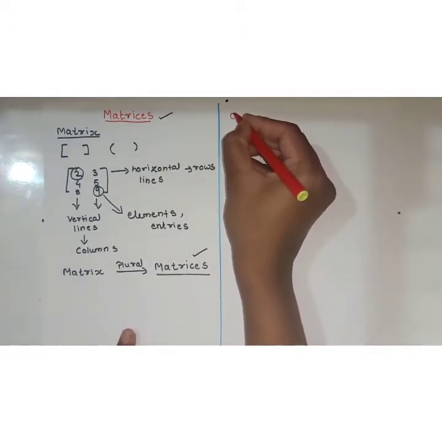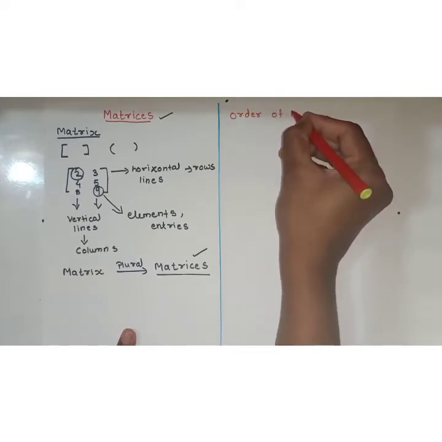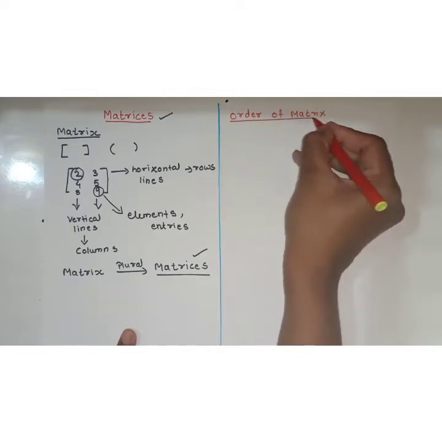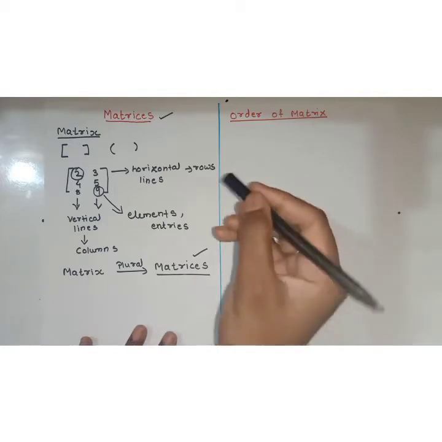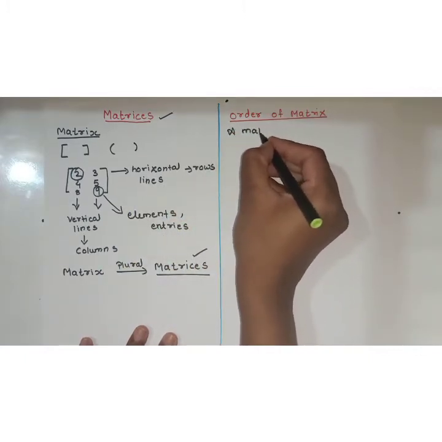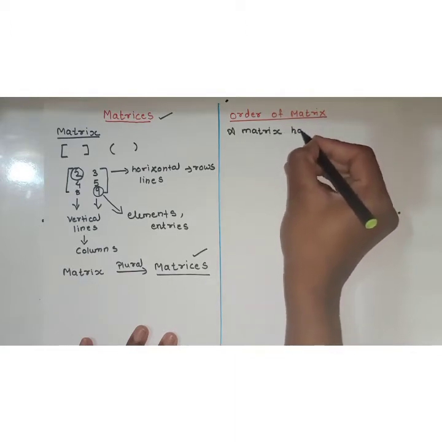The next term is order of matrix. A matrix having m rows and n columns is called an m into n matrix, or a matrix of order m by n. I'll write down the definition so that I can make you understand in a proper manner.